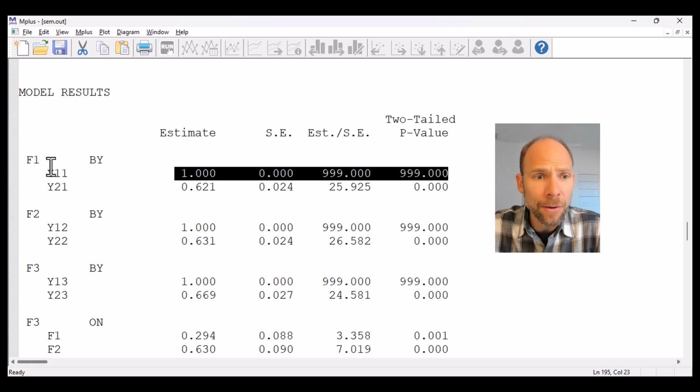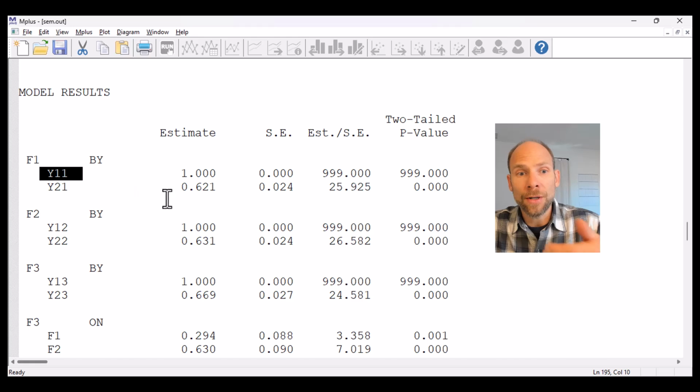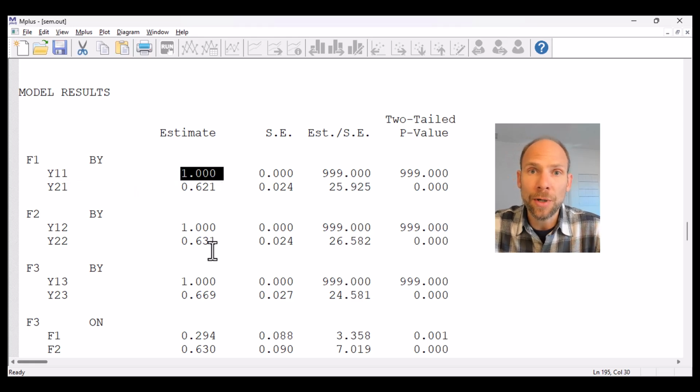Now, how are these loadings interpreted? They are interpreted like regression coefficients. In linear regression analysis, we have an underlying measurement equation for each of the y variables. That is a linear regression equation that says y11 is equal to an intercept constant plus a constant factor loading, which is shown here, times the factor f1 in this case, plus an error term epsilon, an error variable.